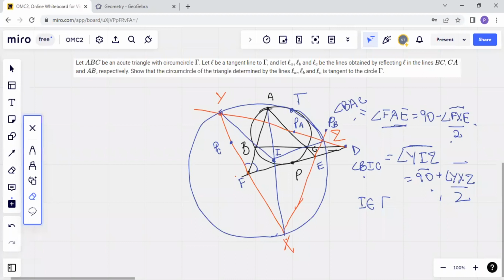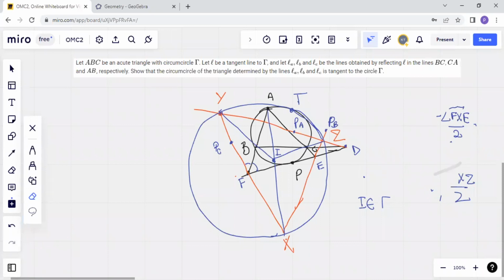I'll erase this part. By the Simpson thing, PA, PB, PC are collinear, so they're not bad points.